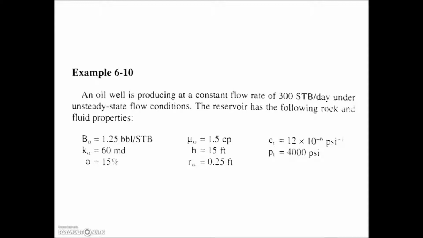The oil formation volume factor is 1.25 barrel per STB, the permeability is 60 millidarcy, the porosity is 15%, the viscosity is 1.5 centipoise, the thickness is 15 feet, the wellbore radius is 0.25 feet, the total compressibility is 12 times 10 to the power of minus 6 per psi, and lastly the initial pressure is 4000 psi.